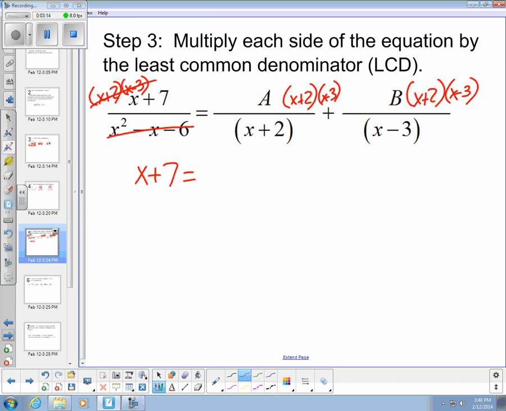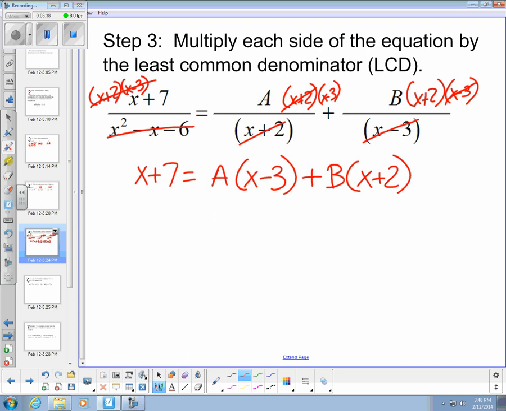On this first fraction on the right side, the x plus 2's will cancel, and that leaves me with A times x minus 3 plus, on the second fraction, the x minus 3's will cancel, so B times x plus 2. So all I did was get rid of the fractions by multiplying through by the least common denominator.